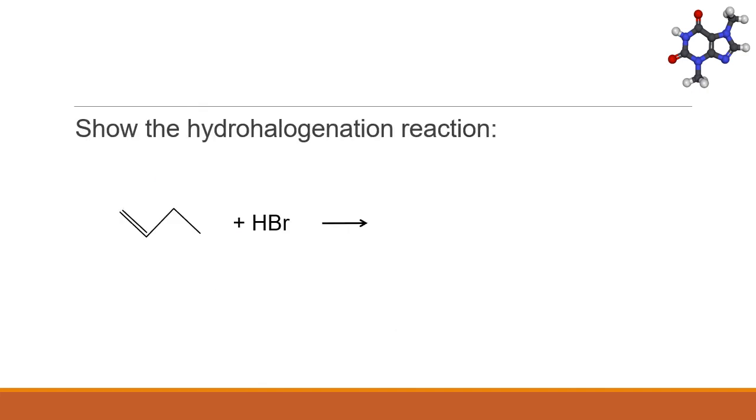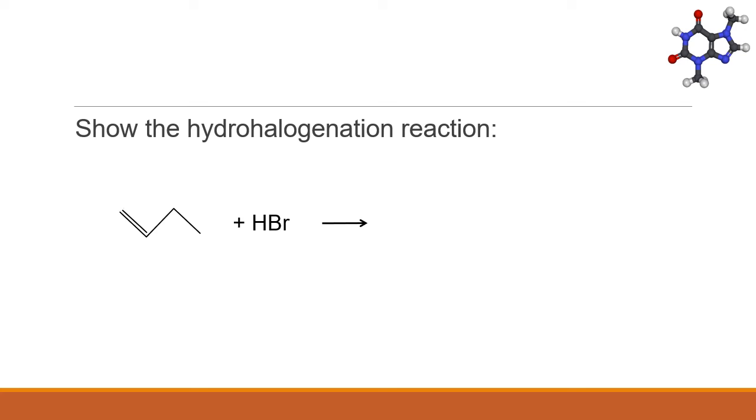Okay, now let's have an example of a hydrohalogenation reaction with an alkene. This alkene is but-1-ene or 1-butene reacted with hydrogen bromide. To which carbon do we attach the hydrogen and bromine atoms respectively? Let's consider how many hydrogen atoms are bonded to the double bonded carbons. Remember that carbon has 4 valence electrons.